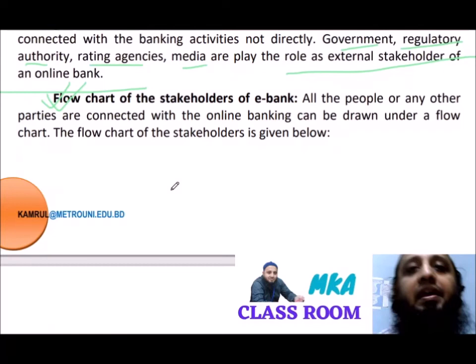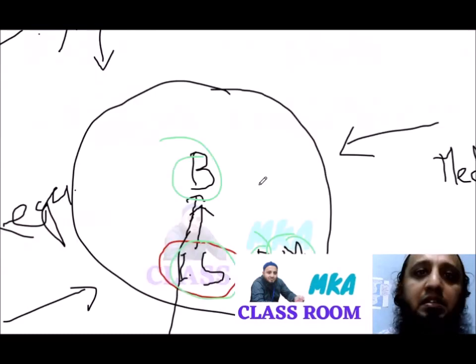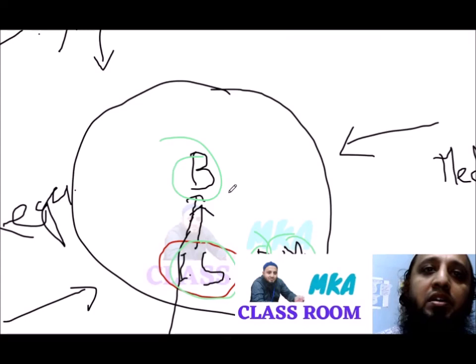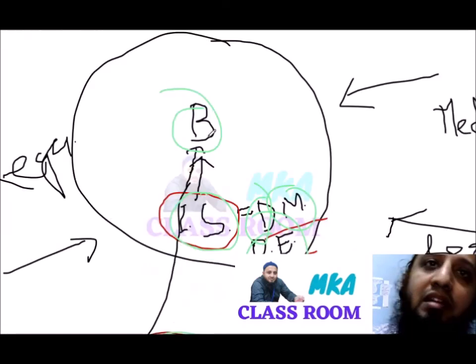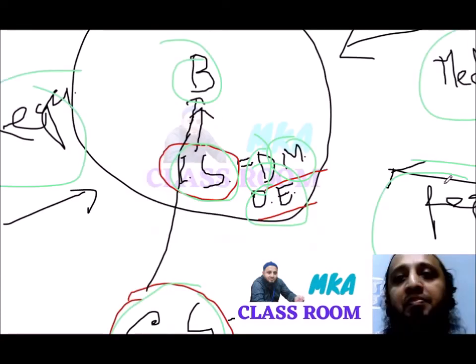Here is the flow chart of stakeholders. The bank has internal stakeholders: directors, managers, and employees, who influence the bank directly. Then connected stakeholders: customers, shareholders, and advisors also directly influence the banking activities. Another group is external stakeholders: government, media, and regulatory authorities, where the central bank is used as a regulatory authority.